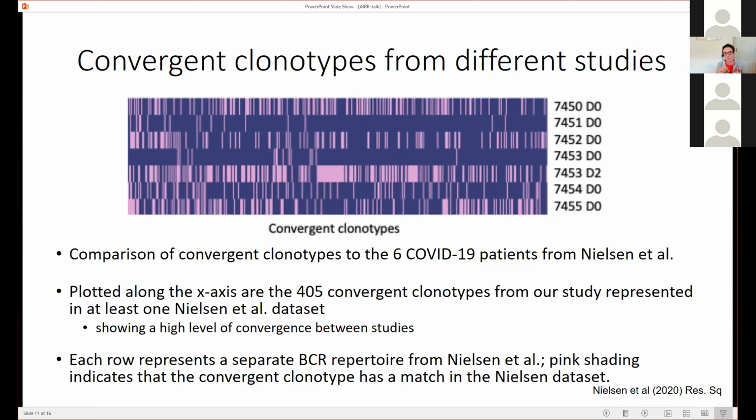The thing that is most interesting to us and easy to pick out here is there are a couple of patients here who were seronegative, and then following seroconversion, you can see, my eyeballs are not doing very well at looking at this, but the day 2 here for 7453 as opposed to day 0 here, we're moving from there being barely any overlap to very, very large numbers of overlap with these clonotypes that we had.